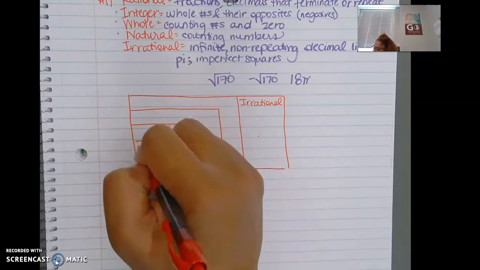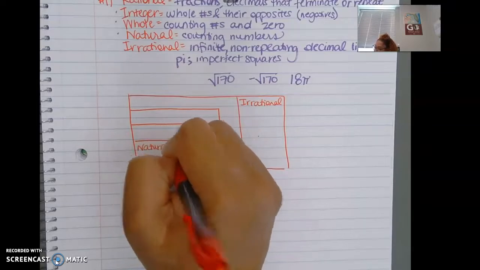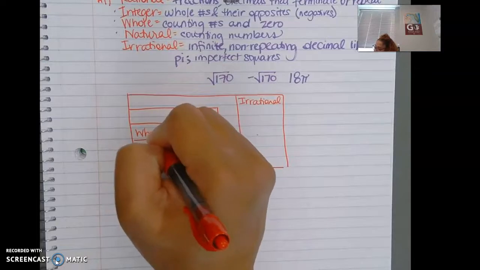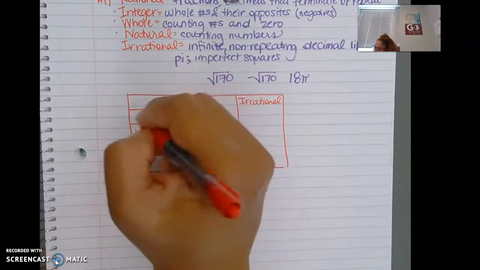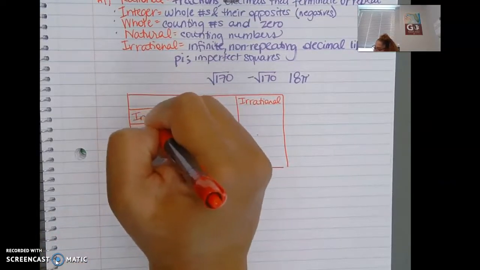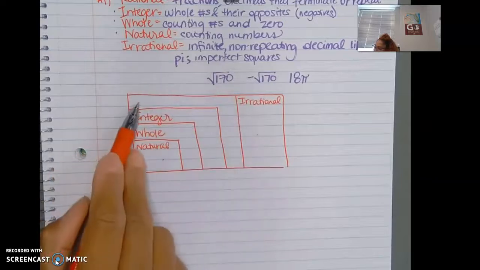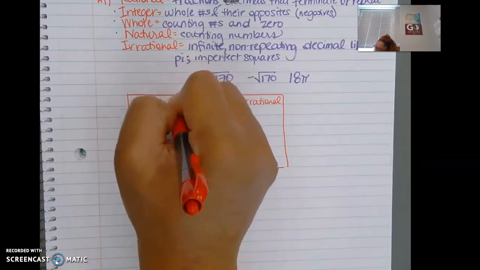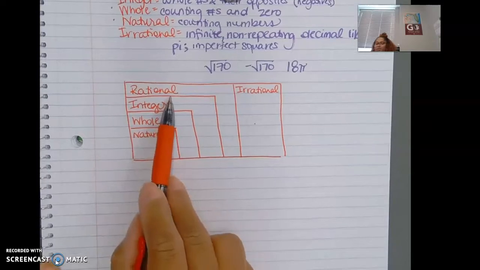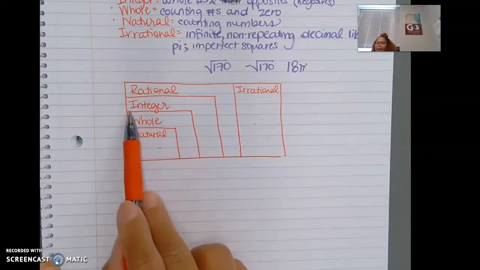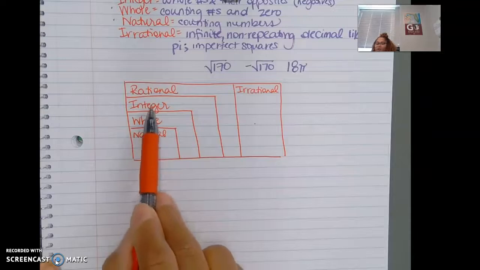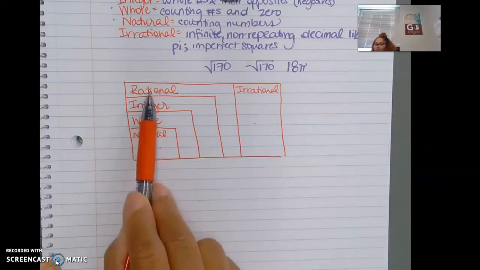Natural. Counting. What goes next? After that? And after that? Now remember, like it was mentioned earlier, rational encompasses these groups below it. So natural is also whole, also integer, and also rational. An integer is also rational, and a whole is also rational.